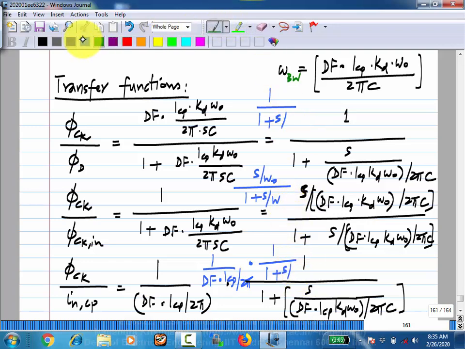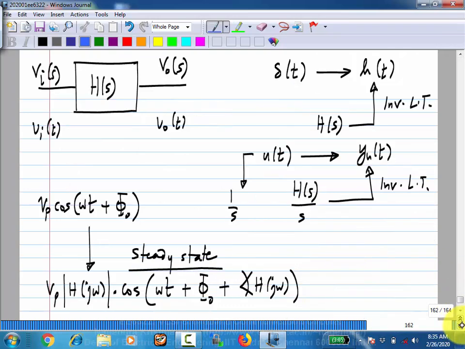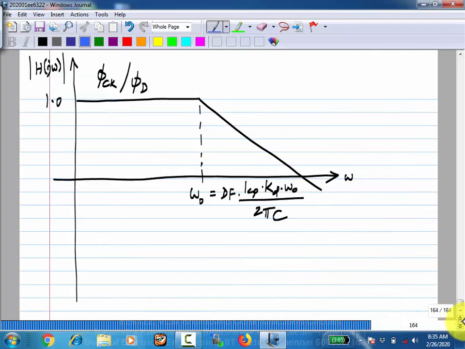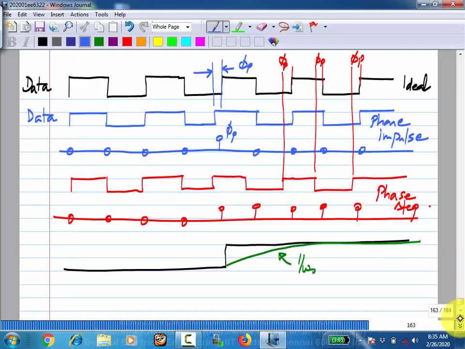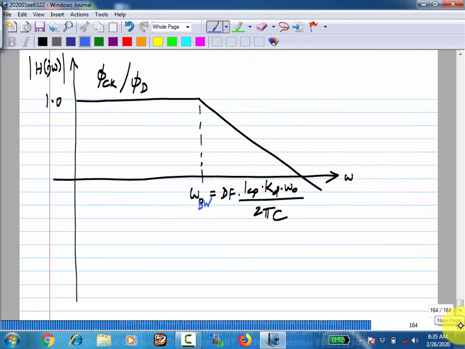Let me use omega BW to indicate the bandwidth. Now the bandwidth has all these terms here: df, ICP, kd, omega naught by 2 pi c.